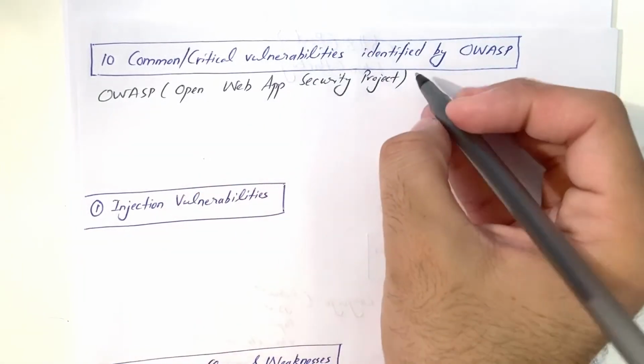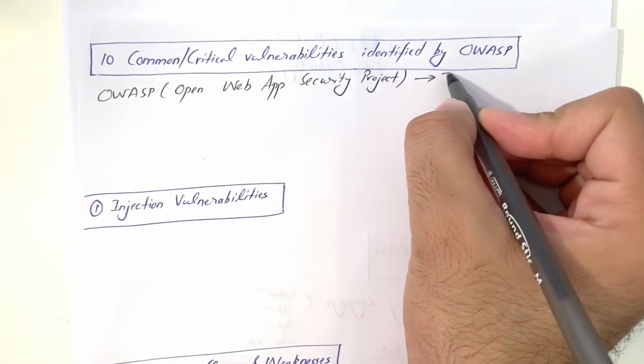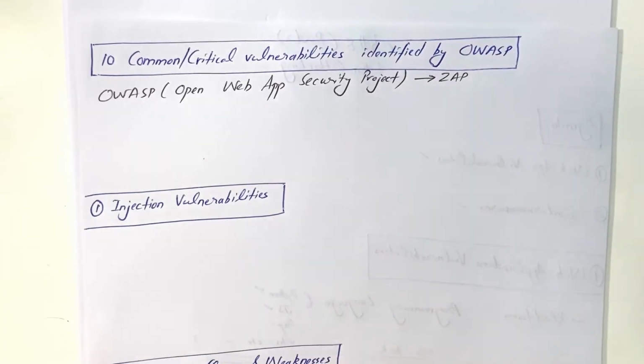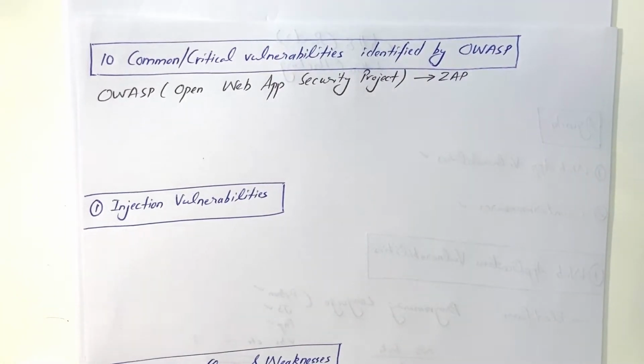This is basically the institute that designed ZAP, the Zed Attack Proxy. They publish new vulnerabilities. They manage many vulnerability databases and archives as well, just to help security people so they can be abreast of all the upcoming developments.